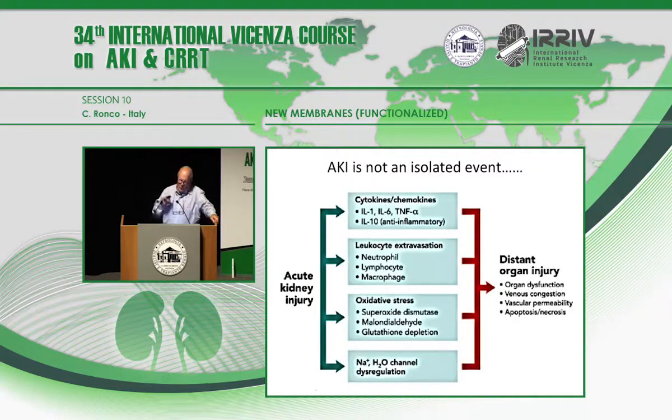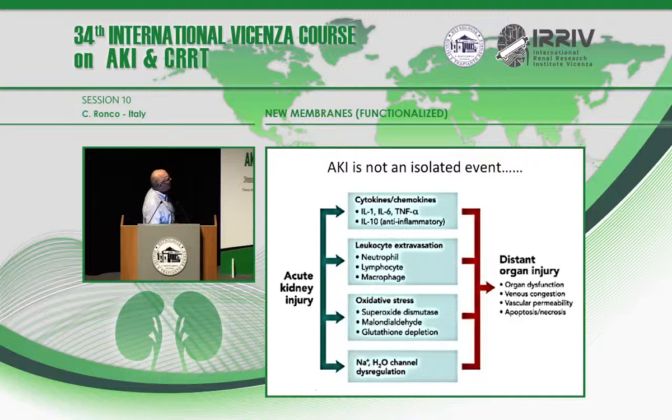To understand this, we have to clarify that AKI is not an isolated event, especially in case of sepsis, but also in general, we might have an altered inflammatory profile given by different levels of cytokines and chemokines. There might be the possibility for leukocyte extravasation.